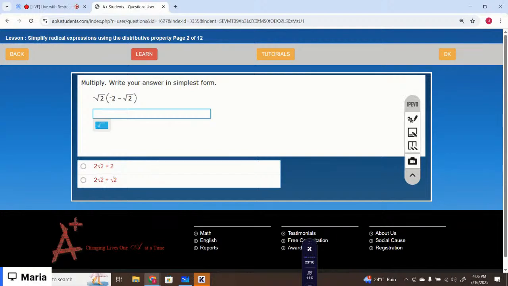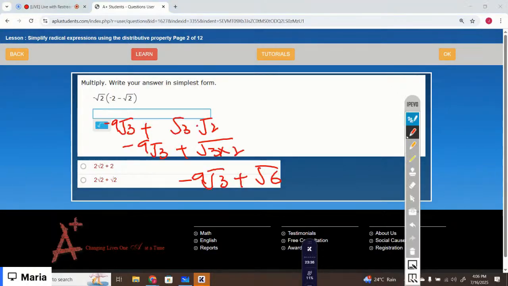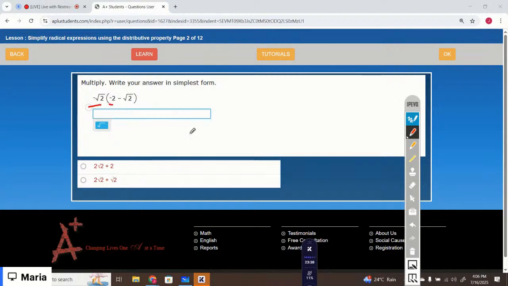Multiply negative square root 2, negative 2 minus square root 2. Negative 2 times negative square root 2 is 2 square root 2 minus square root 2 times 2.